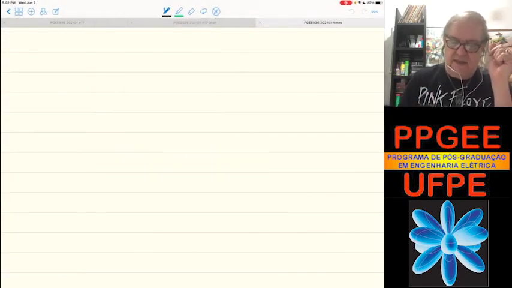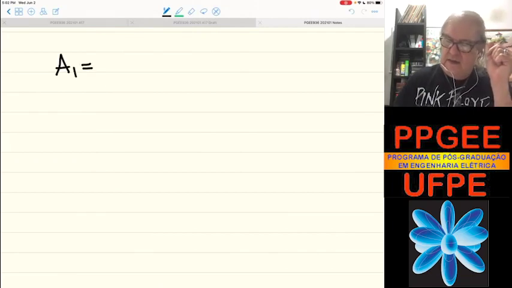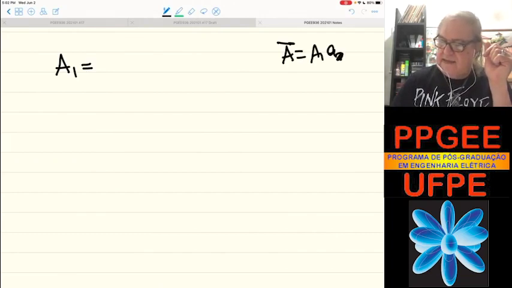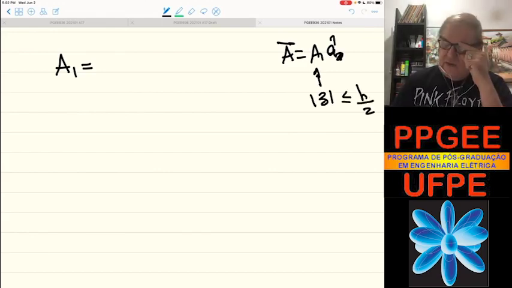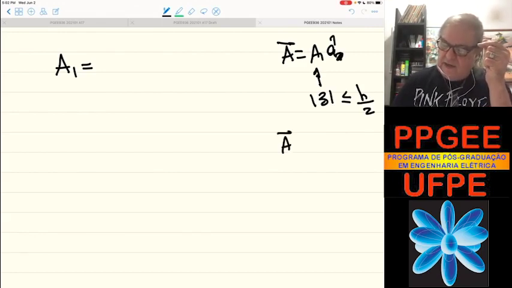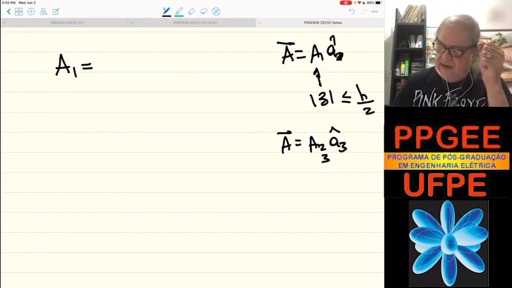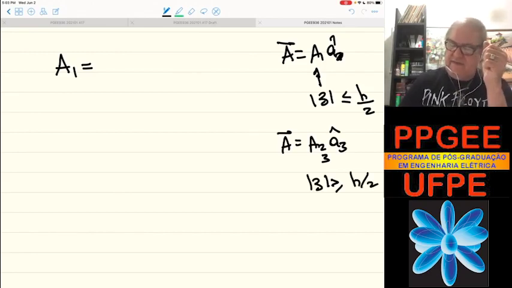Recall, A equals A1 in x for magnitude of Z smaller or equal to H over 2, and A equals A2 in x for magnitude of Z larger or equal to H over 2, because the functions are continuous.